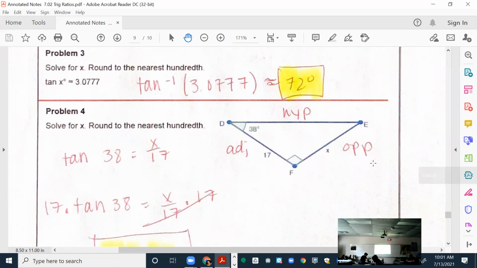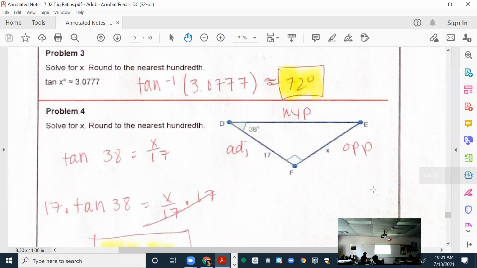All right, problem 4. You're setting it up, you're labeling your sides. Notice the hypotenuse side doesn't have any label on it, so that's why we're using tangent, because that one has the opposite and adjacent side labels. Plug it into your tangent rule.